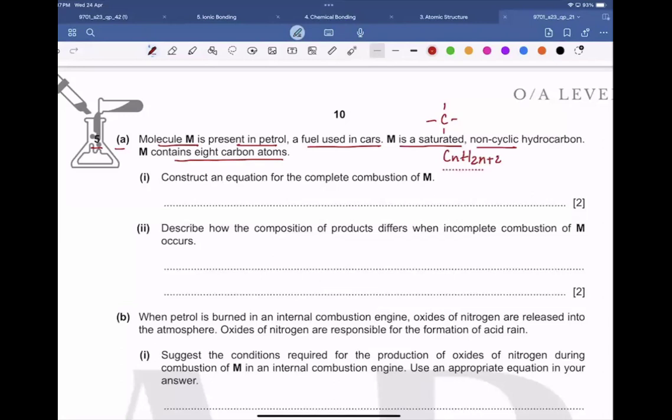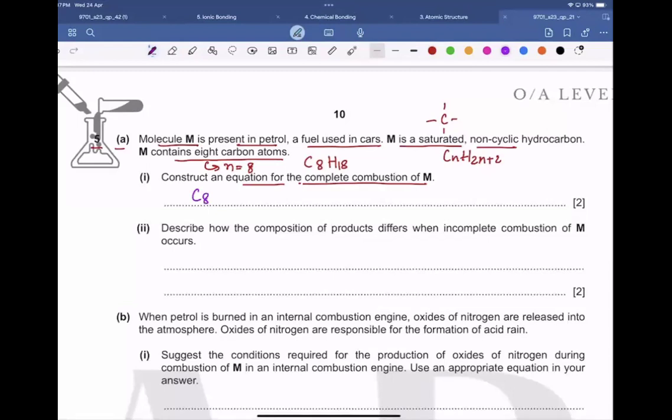So the molecular formula of this, as it has 8 carbon atoms, the value of n is going to be 8. So it is going to be C8H18. So construct an equation for the complete combustion of M.